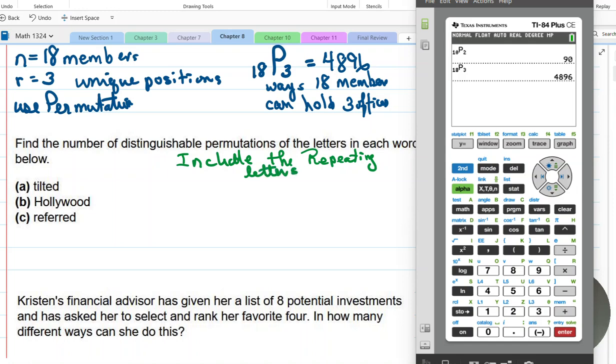And that means the adaptation to the permutation is because we can't distinguish one A from another A because they're all A's.